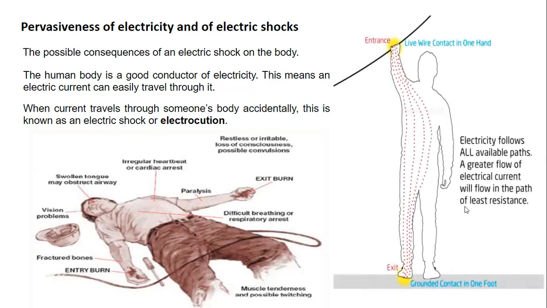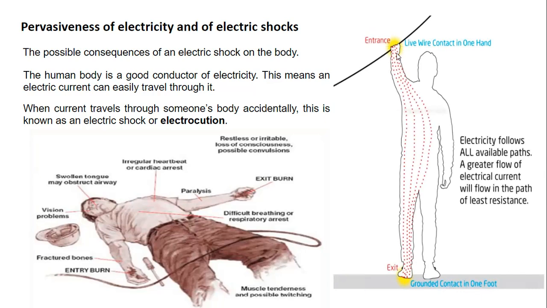This is also one representation of the conduction of electrical current through the human body. For example, it is showing a grounded contact in one foot. If you are barefoot, we all know that current is easily grounded into the earth.